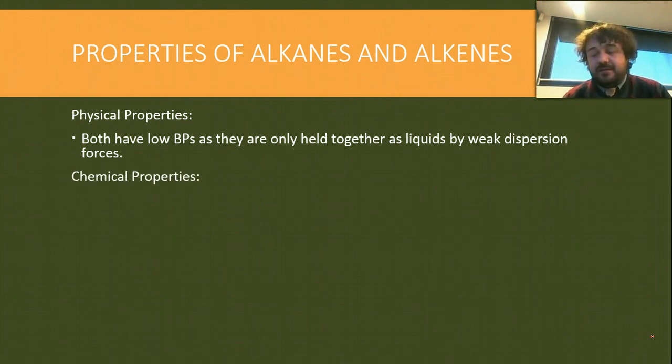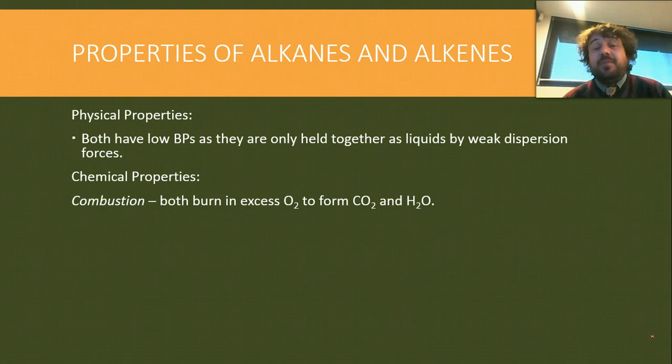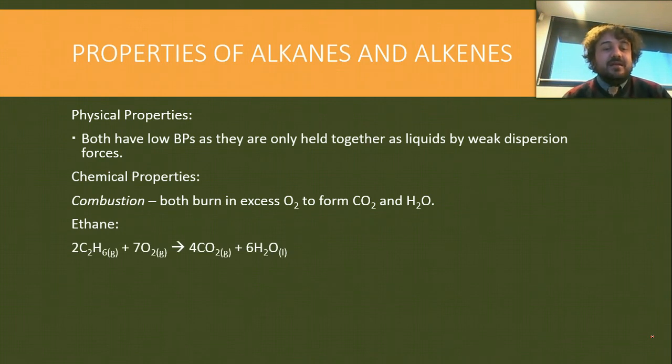The chemical properties, however: combustion. They both burn in excess oxygen to form CO2 and H2O. So for example, ethane: you've got two ethanes plus 7 oxygens give you carbon dioxide plus H2O. That's what you get if you have excess oxygen.